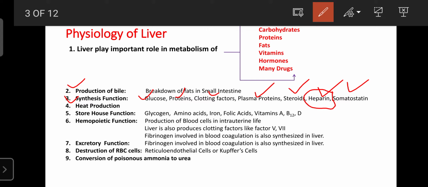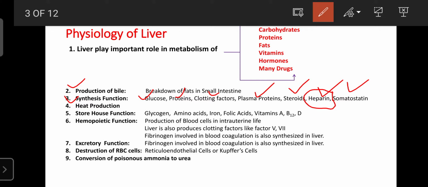It means if the liver has a problem, the heparin cannot be synthesized. If the heparin is not synthesized, then blood coagulation occurs in the blood vessel, which is responsible for causing heart attack, hypertension, arteriosclerosis, even myocardial infarction.